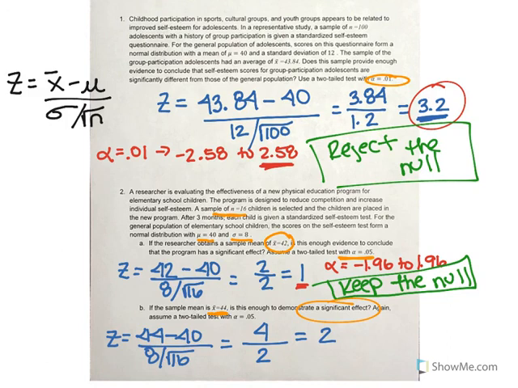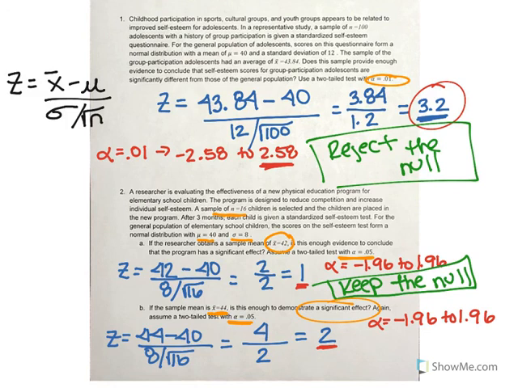Now, I'm still at a significance level of 0.05. So that would mean that we are still looking at the critical boundaries of negative 1.96 to positive 1.96. So by me increasing it to 44, we have now bounced outside of my boundary. Do you see that? 2 is slightly bigger than 1.96.